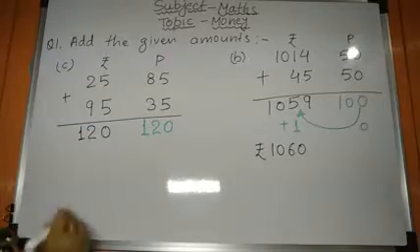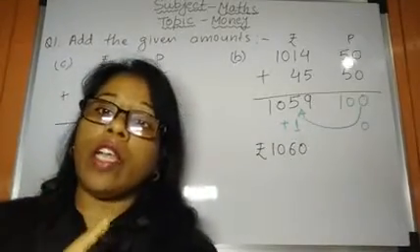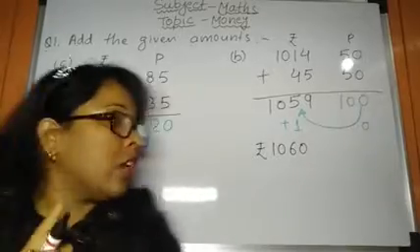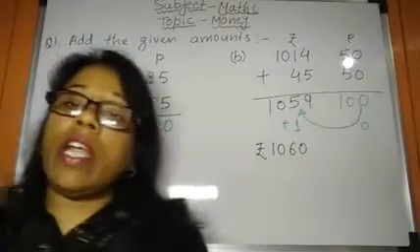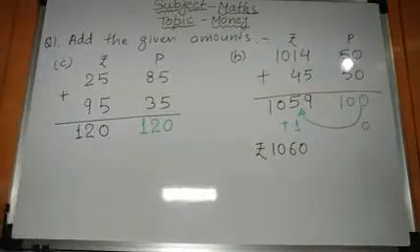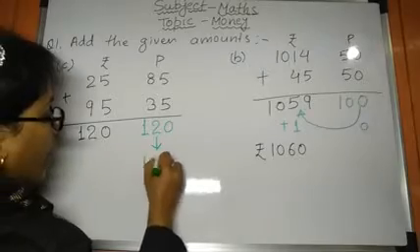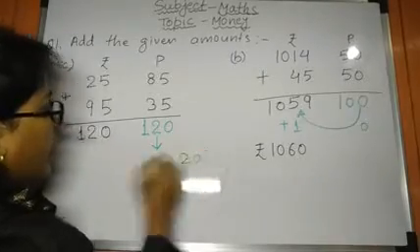So 120 rupees and 120 paise. 120 paise means 100 paise plus 20 paise.